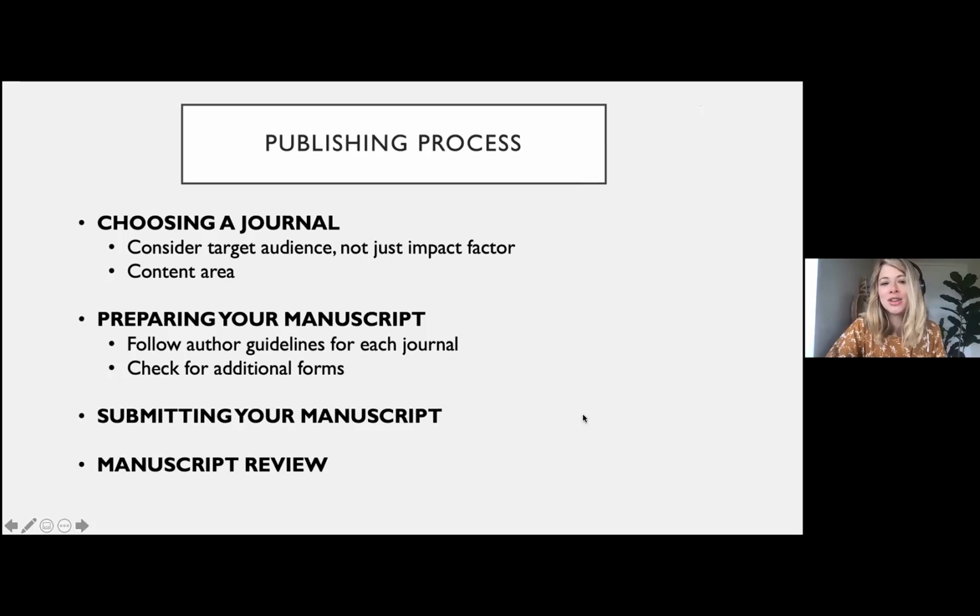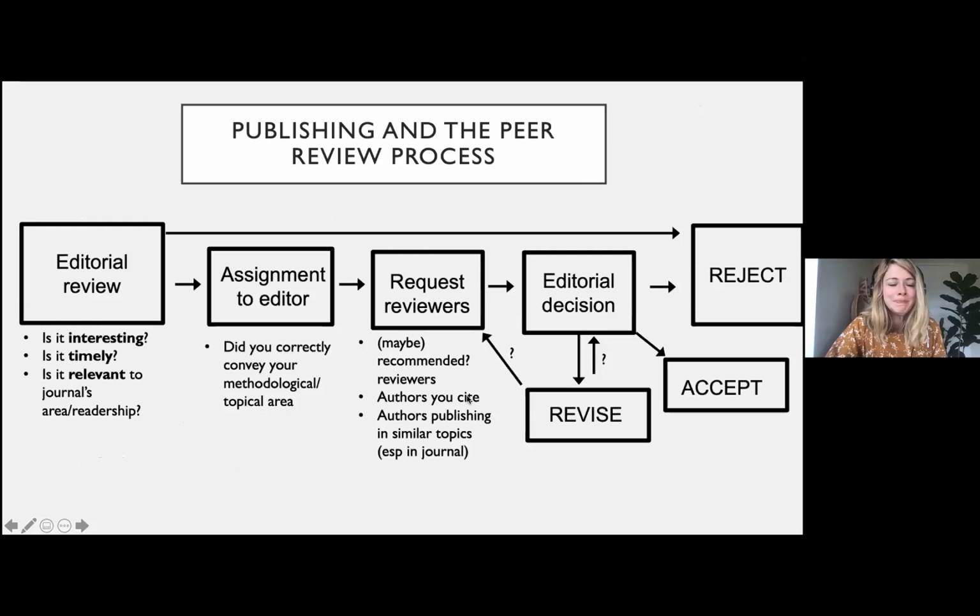And then your manuscript will be reviewed. As an editor, this is what the process looks like. Your paper will first be read by a senior editor, and they're reading your cover letter, so make that snappy. They're looking through your paper, mainly for things like: is your paper interesting to me? Is it timely? Is this something that we care about right now?